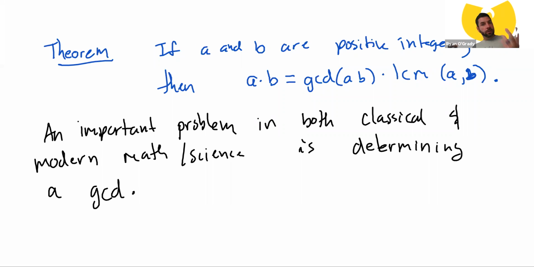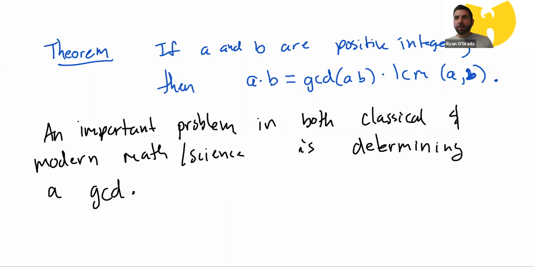And what does relatively prime mean? It means the GCD of two numbers is 1. In applications in the real world, we often need the GCD of massive numbers. And you're not going to be able to write down a prime factorization of two numbers that have hundreds, if not thousands, of digits. So we need a systematic way of determining the GCD.